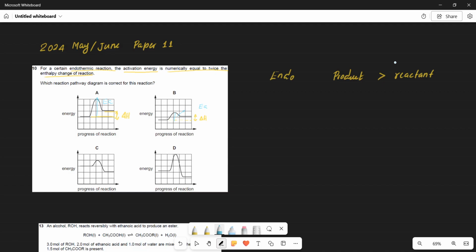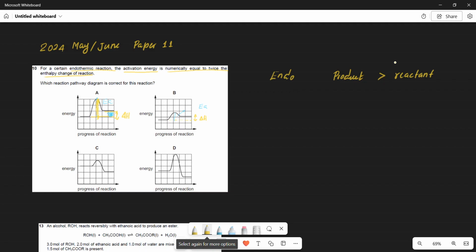Now let us compare which is double. EA should be double the enthalpy change. Here, this is the height of delta H. This is the height of delta H. And when I consider this, this is the height of EA.